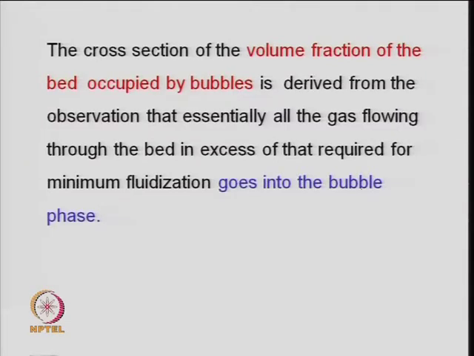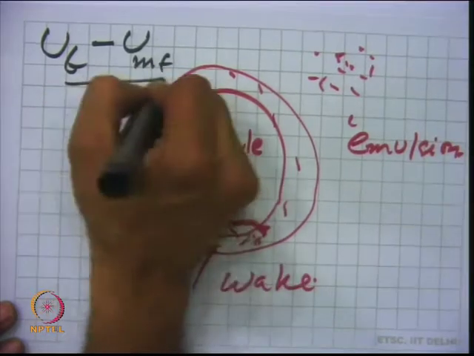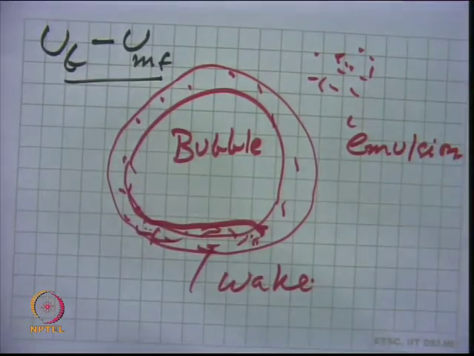So, gas flowing through the bed in excess is nothing but what goes to the bubble phase. When you write a mass balance, everything is calculated above this, that is u b minus u m f, or some velocity in the bubble or cloud phase. Whatever is in excess of the minimum fluidization goes into the bubble phase.